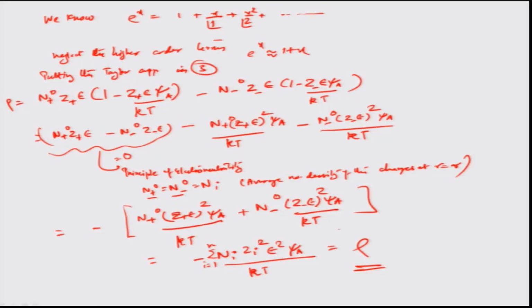So, let us just record it here: rho becomes equal to minus sigma Ni Zi square epsilon square psi a by kT. Let us call it equation 4, and we will be needing this to solve the equation involving the potential function, and try to find out what is the potential at A based on some of these presumptions.